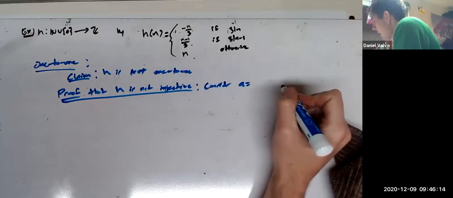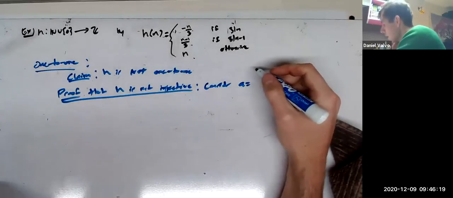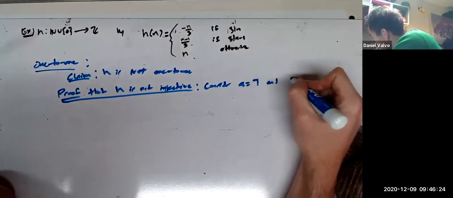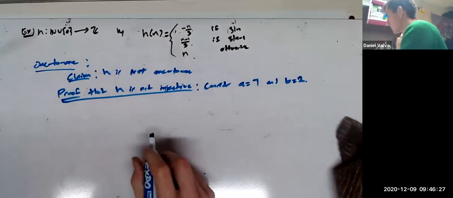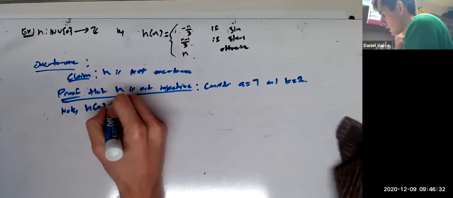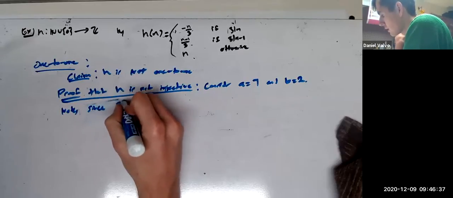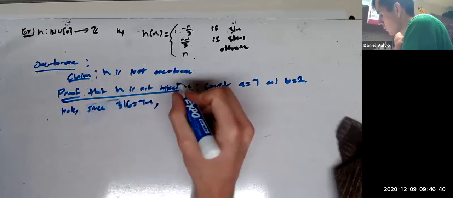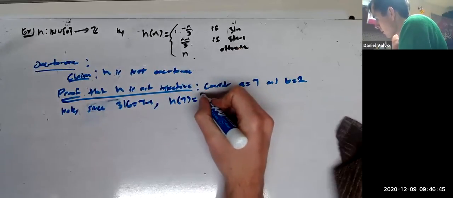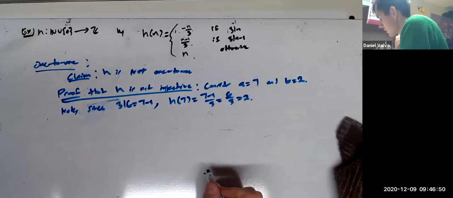Consider A equals, what do we have? That's a good example. Consider A equals, I believe it was 7, yes. And B equals 2. Note, since 3 divides 6, which equals 7 minus 1, H of 7 would, in this case, equal 7 minus 1 over 3, which equals 6 over 3, which equals 2.